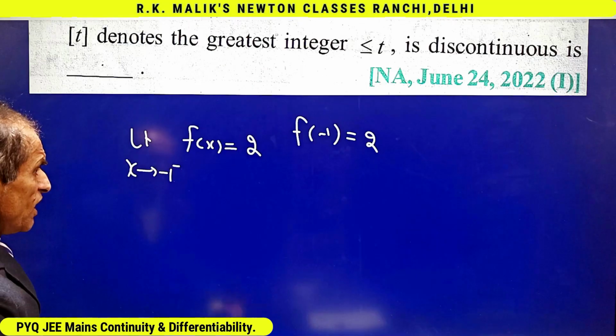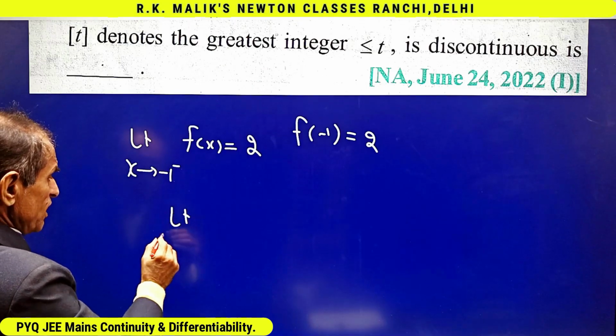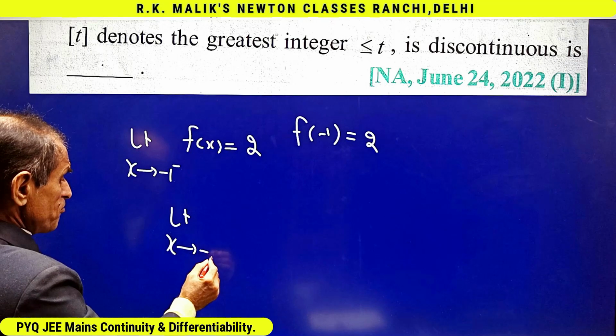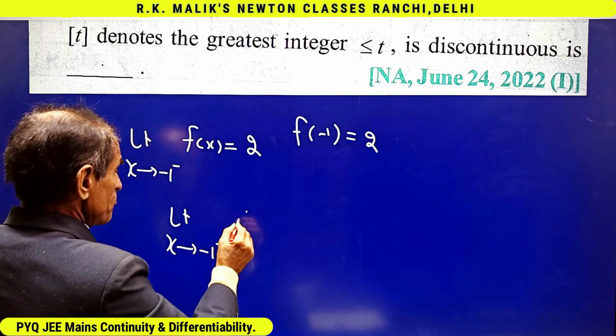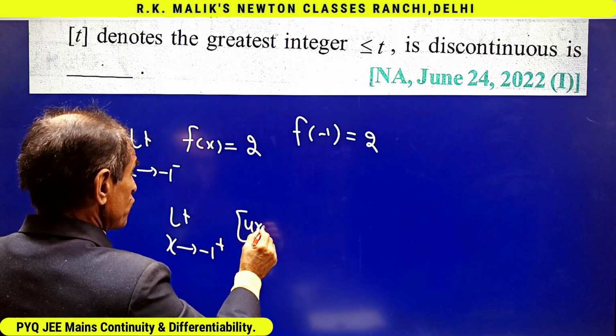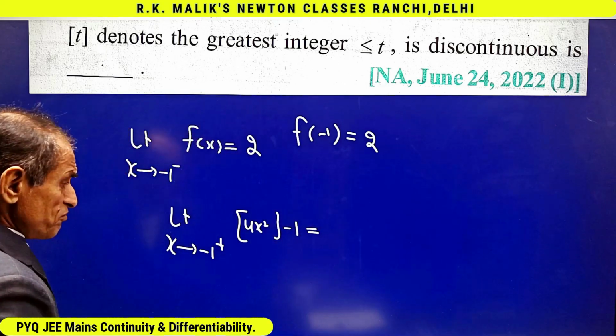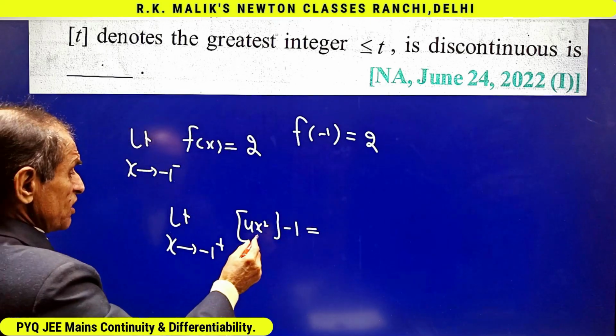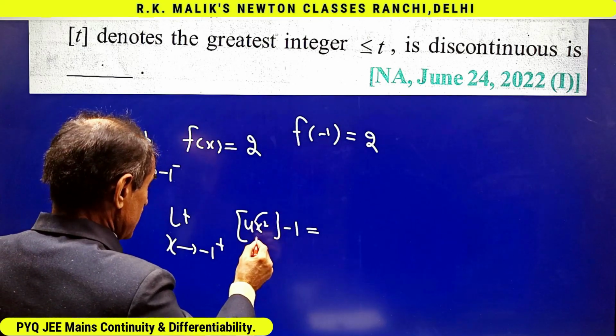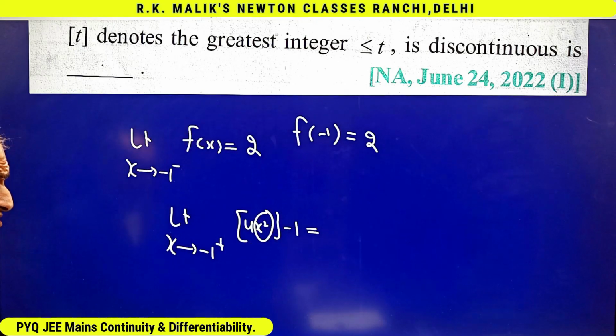Looking at it, I can easily say that limit x tends to minus 1 plus [4x square minus 1] means x square will be slightly less than 1.